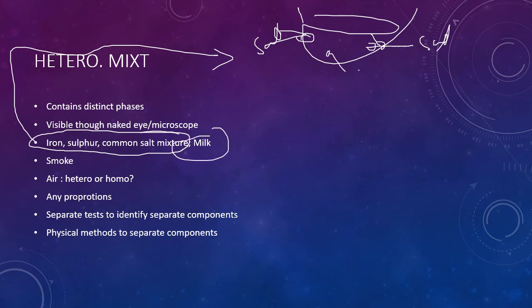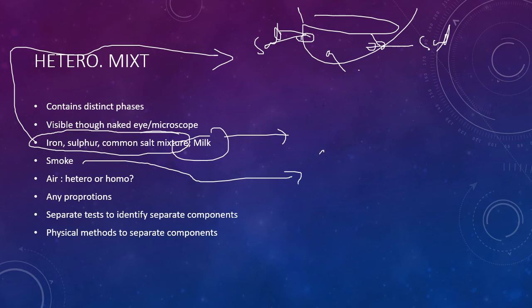Again, milk. It looks like a homogeneous mixture, but it is a heterogeneous mixture because it can be seen through a microscope. The fats in it are suspended in a clear liquid. If you look at it through a microscope, you can see the fat molecules properly. And then smoke is another kind of heterogeneous mixture.